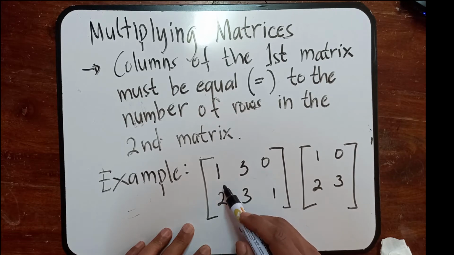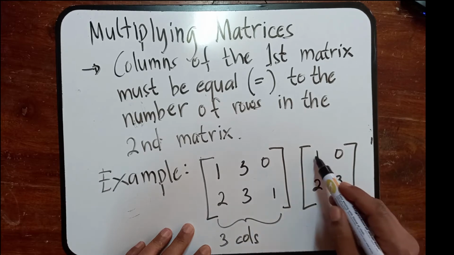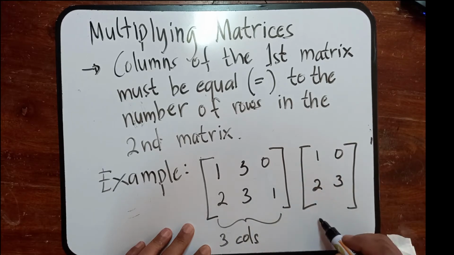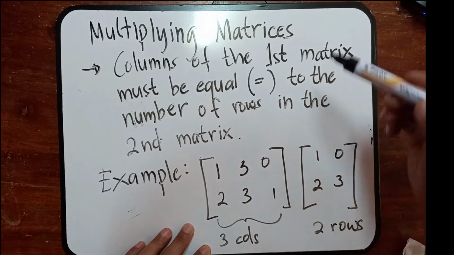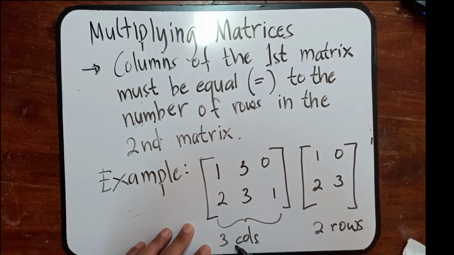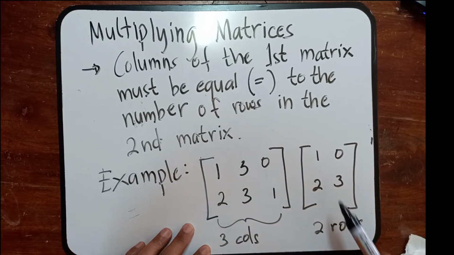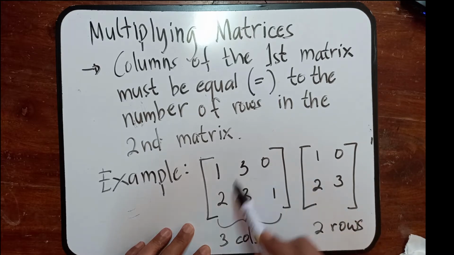Let's count the columns: 1, 2, 3. So we have 3 columns. How many rows do we have here? 1, 2. So we have 2 rows. It is stated in our rules that the columns of the first matrix, which in this case is 3, must be equal to the number of rows in the second matrix, and the second matrix has 2 rows. So they are not equal, meaning we cannot legally multiply these matrices.